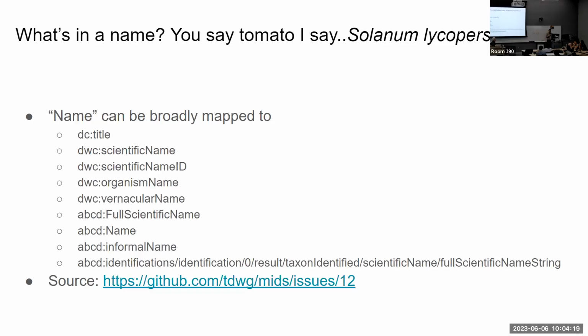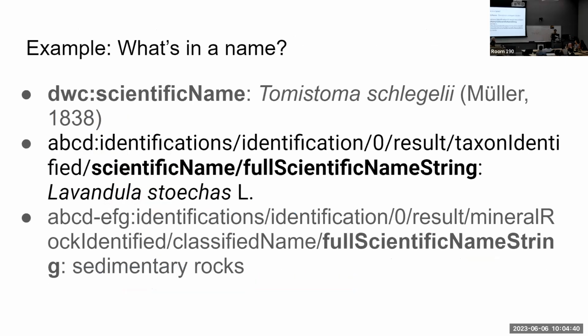Within MIDS, you can follow the GitHub discussions where we're discussing how to do this mapping. We cannot enforce, down the pipeline, that everyone change to one name, but we can have some mapping when it comes to the digital specimen universe to enforce or harmonize these things. Here's another example.